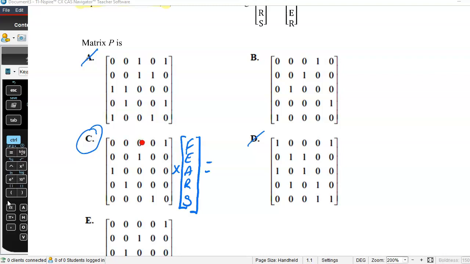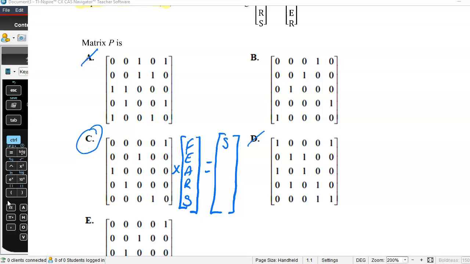Remembering we've got a row times the column. You can almost think of a permutation matrix as the zeros turning things off and the ones turning things on. So 0 times F, 0, plus 0 times E, 0, plus 0 times A, 0, plus 0 times R, 0, plus 1 times S. Well, that's S. That's the one we want.